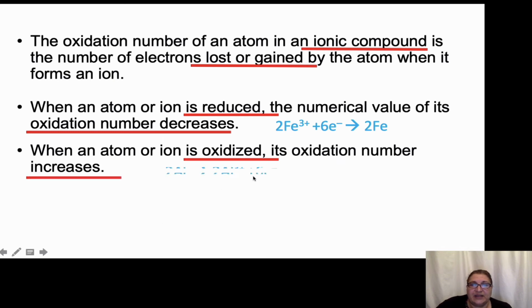When it's being oxidized, it goes from 0 to +3, so that lost an electron, and the oxidation number increases. So here the oxidation number decreases, there the oxidation number increases. We're going to practice that a lot.